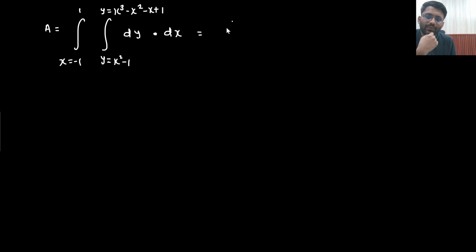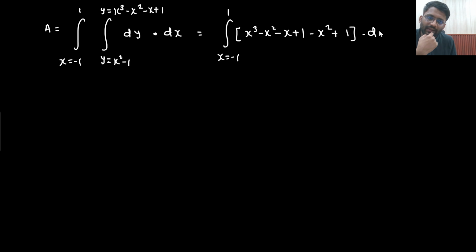Right? So when you solve dy, x going from -1 to 1, what you get? X cube minus x square minus x plus 1 minus x square plus 1, dx.